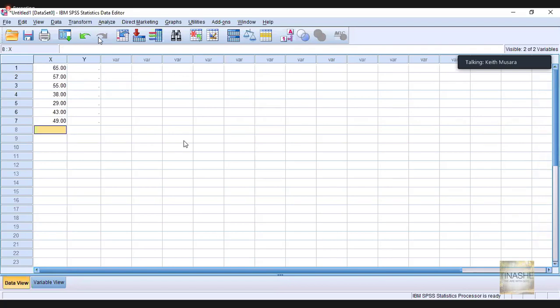And then enter the values for Y, which are 58, 81, 56, 23, 34, 38, then 37.